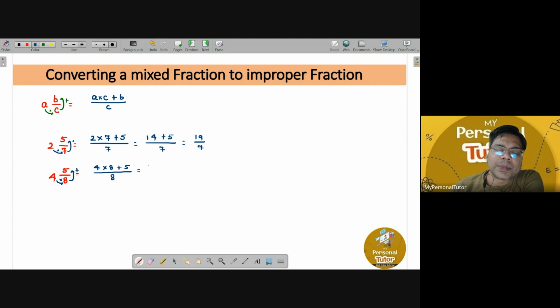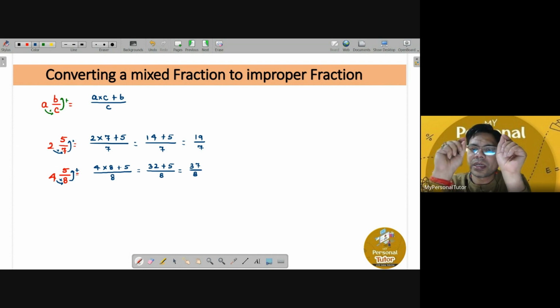So 4 times 8 is 32, plus 5, whole thing divided by 8. That is 37 by 8. You can see one important thing: in this mixed fraction, the denominator is 8. Even in the improper fraction, the denominator is 8 only. So keep in mind, whenever you are converting mixed fractions to improper fractions or improper fractions to mixed fractions, the denominator will always remain the same.